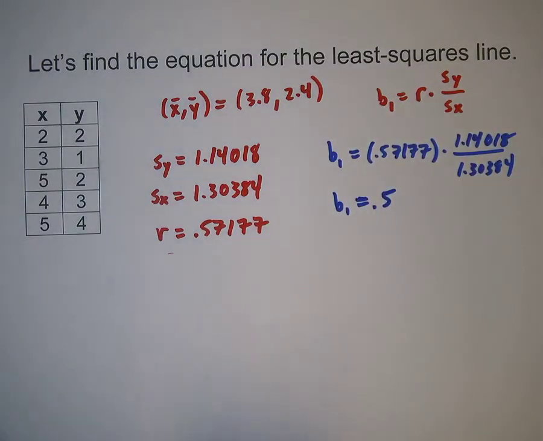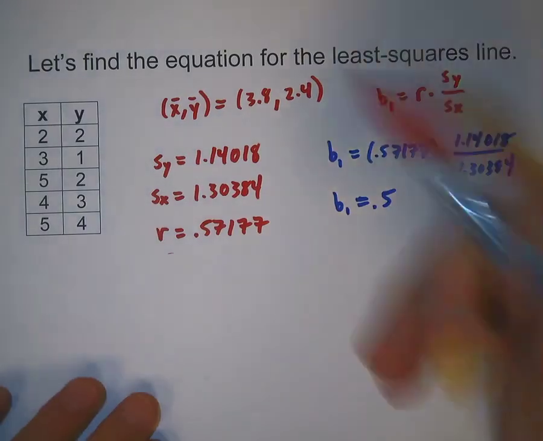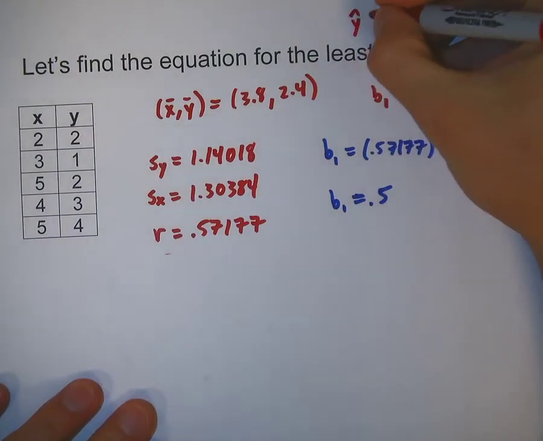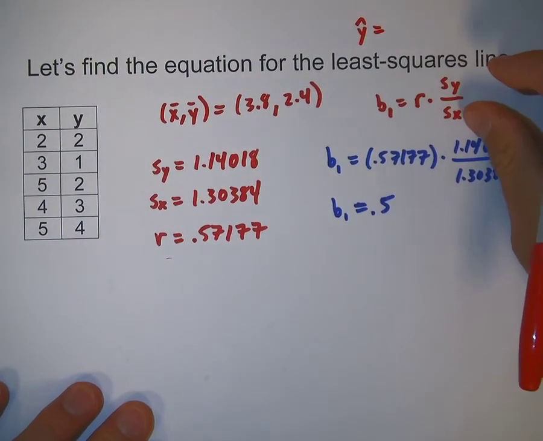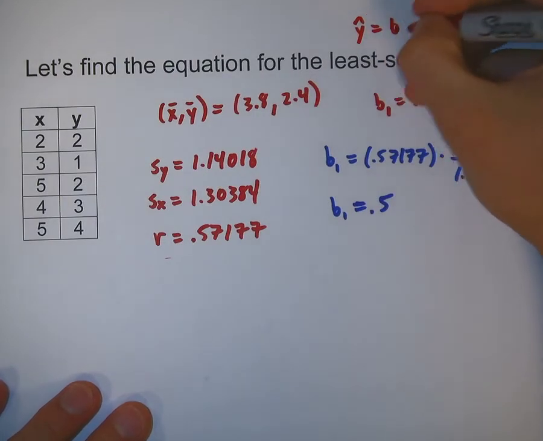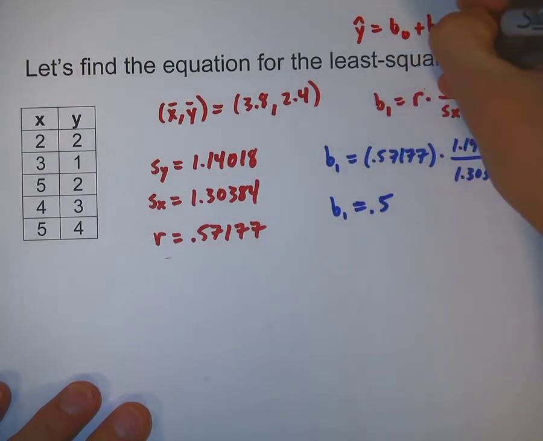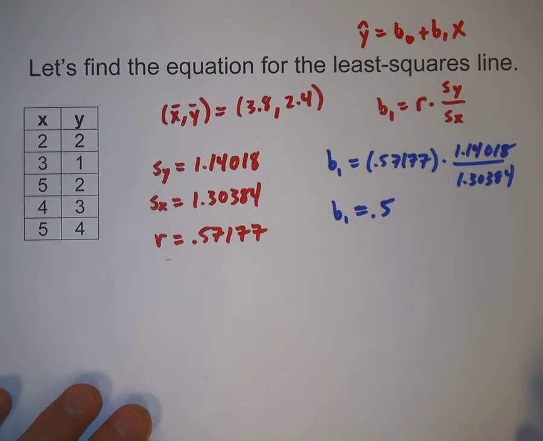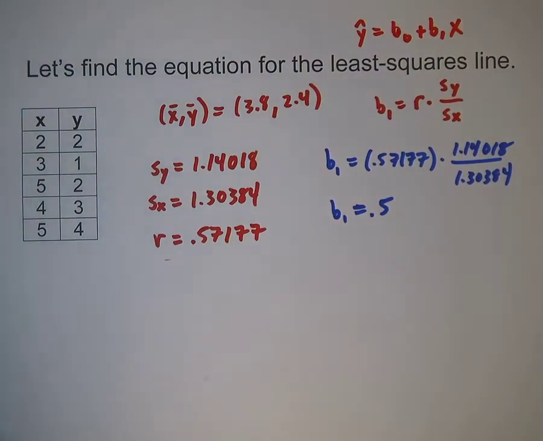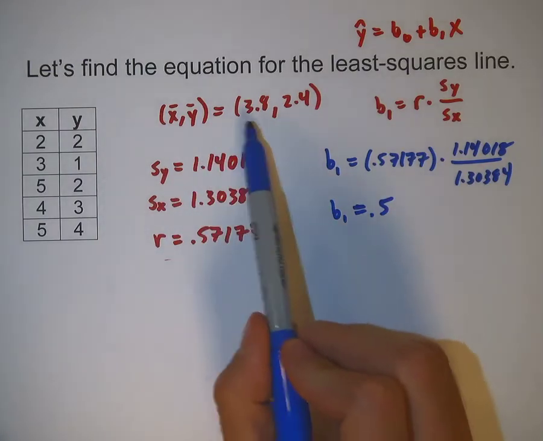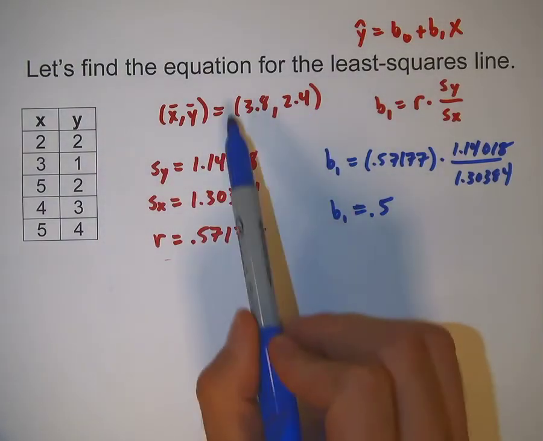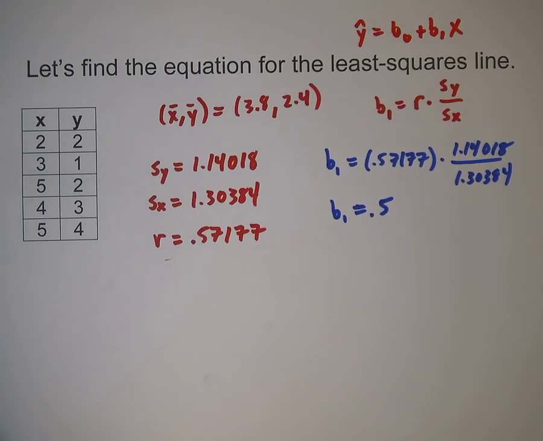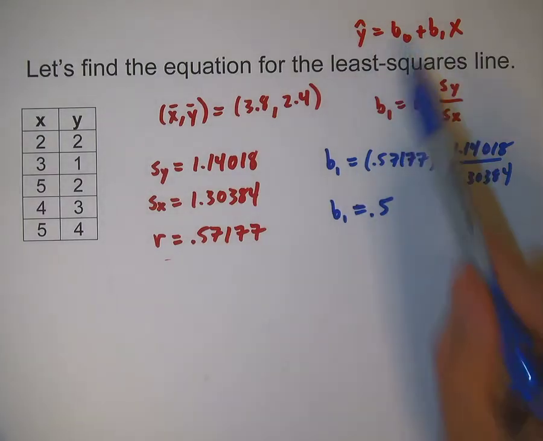Remember, the equation for my least squares line is y hat equals b sub 0 plus b sub 1 x. I have b sub 1. The next thing I need is b sub 0, so I need to find that y-intercept. Since I know the least squares line has to go through the point x bar, y bar, I'm going to use that point to solve for b sub 0.